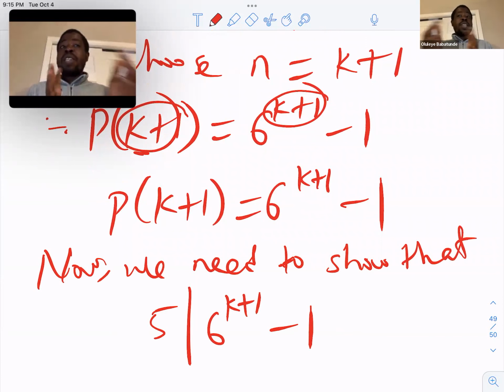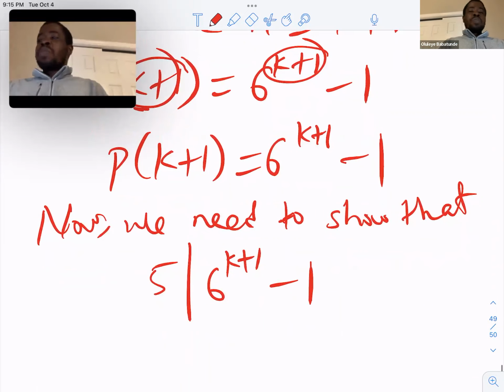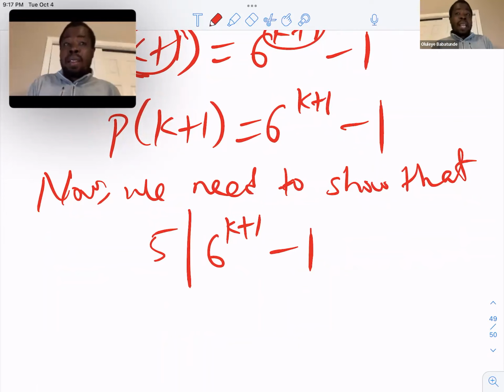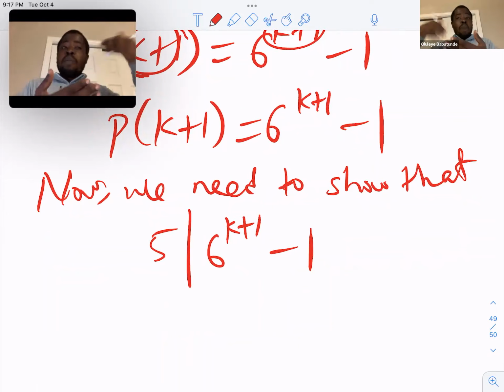It means that 5 will divide that expression with remainder 0. So I have to write 5 can divide 10, 5 can divide 15, 5 can divide itself, 5 can divide 20, multiples of 5.